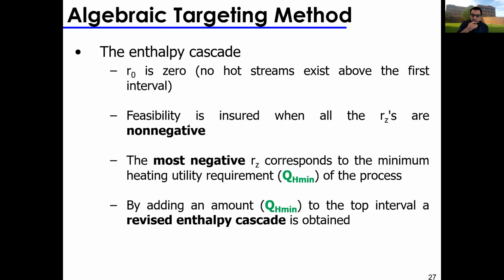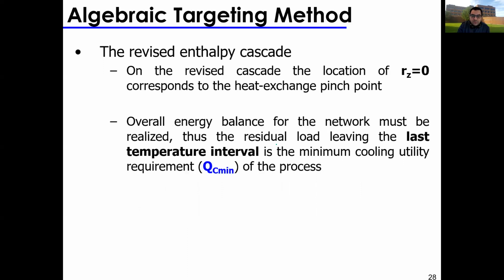There's also the book, but you just need to be aware that your enthalpy cascade becomes feasible when I don't have any negative number, right? Where my lowest number is basically a 0, and we're gonna get to it in a second, or maybe next lecture. And you basically revise your enthalpy cascade for it to make sense.